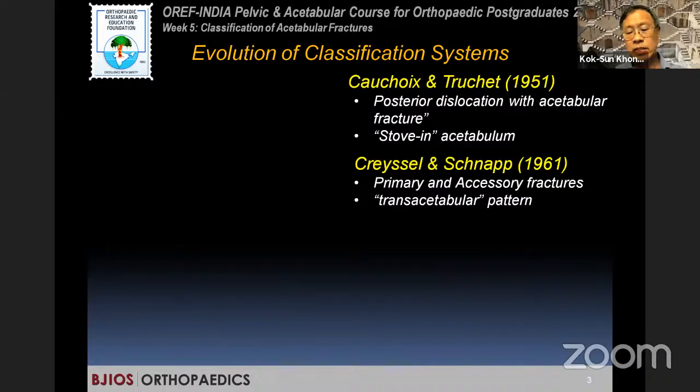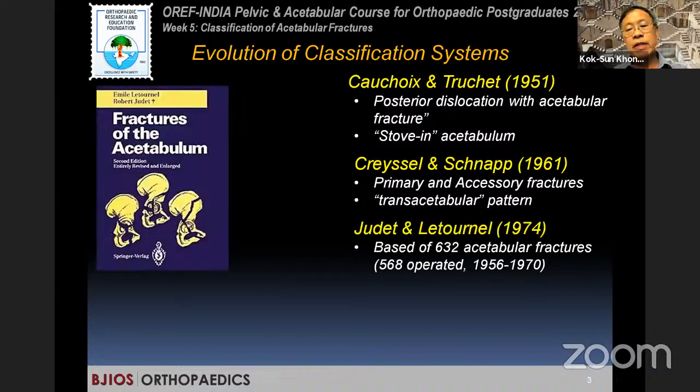But these did not stay whole because they were all based on simple X-rays. It was not until 1974 that Judet and Letournel published first their paper and eventually the first edition of this book. It was based on 630 acetabular fractures, of which almost all of them were operated. This is a huge number that went from 1956 to 1970.